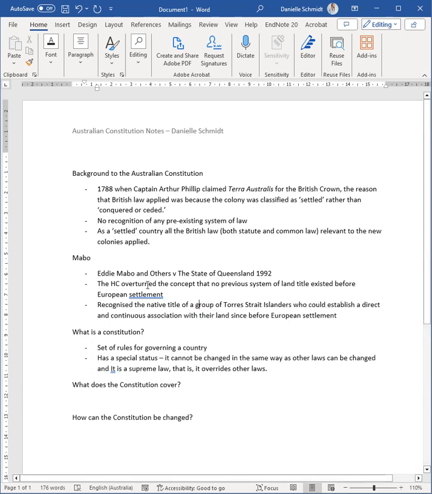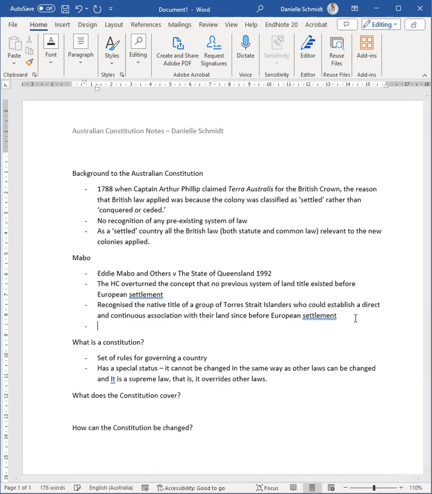Right. Four years later, in the case of Wik against the State of Queensland, in 1996, the principle in the Mabo case was extended.